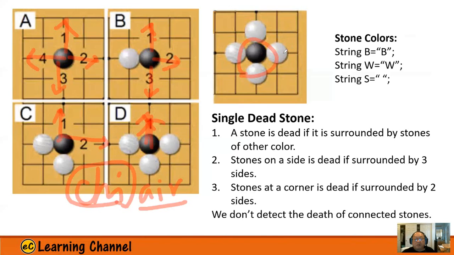you can breathe at all. In my game board, I have black as this, white as this, and empty space as this. If a stone is dead, it is surrounded by all other color. So here I only detect a single dead stone.